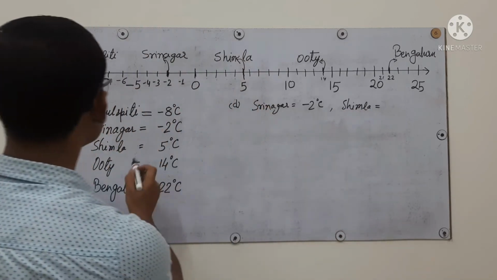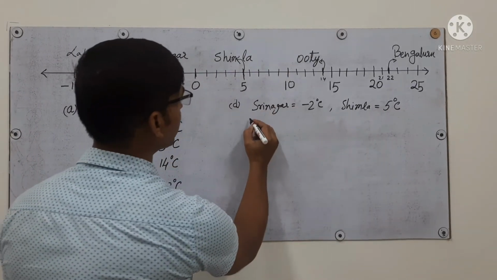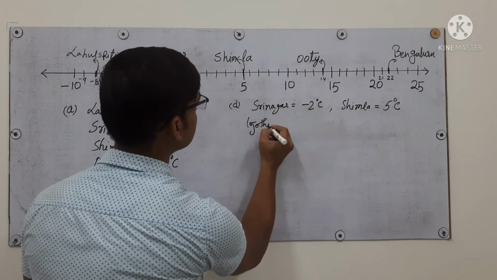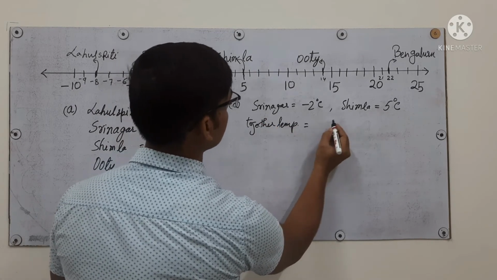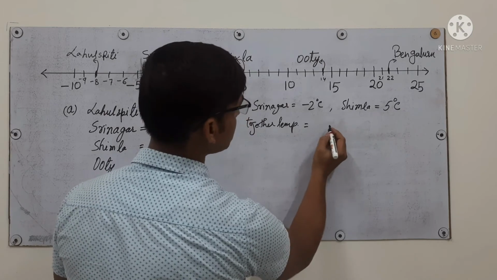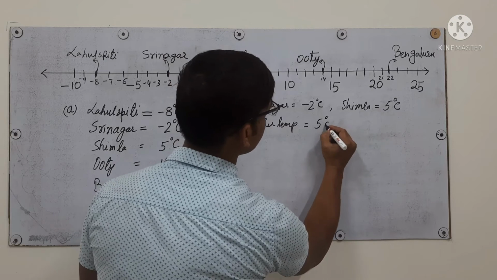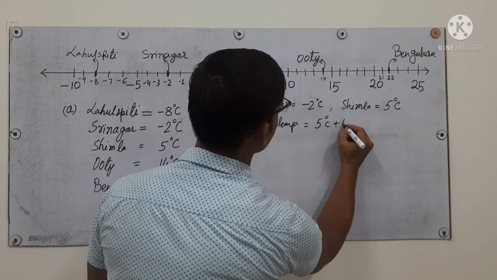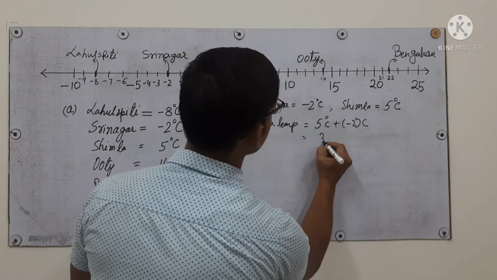At Shimla it is 5 degrees. So when we find the temperature together, it will be the addition. 5 degrees Celsius plus -2, so it will be 3 degrees Celsius.